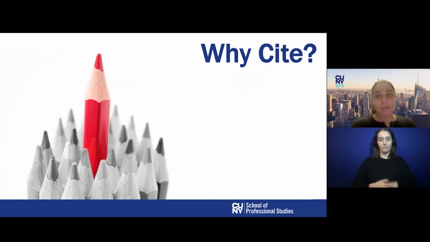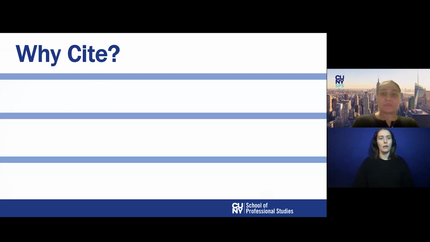Why cite? In college and graduate school, whenever you present information or ideas from a source outside of yourself, you're expected to give credit and show where you found that information. There are several important reasons why having these citations in your text and on a reference list is crucial.